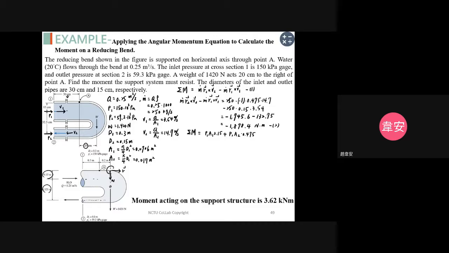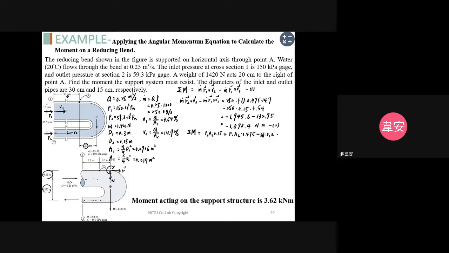So this is equal to the negative moment. So there is the minus the weight, and the R distance is 0.2 meters. And we didn't know the moment we need to support the system to resist.